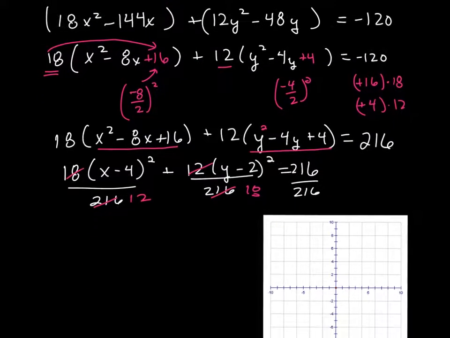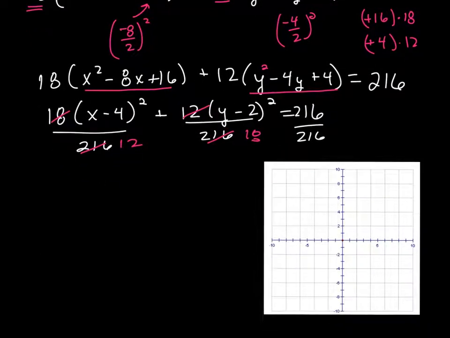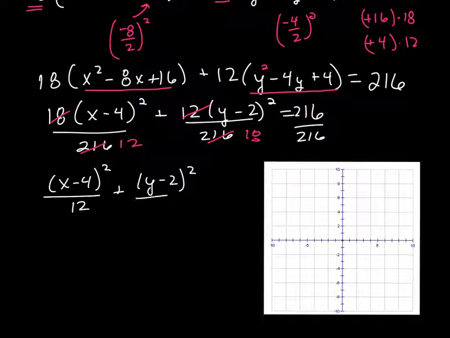So what I am left with for my ellipse is x minus 4 quantity squared over 12 plus y minus 2 quantity squared over 18. All of that is equal to 1.